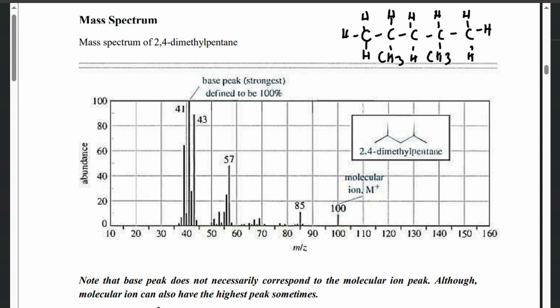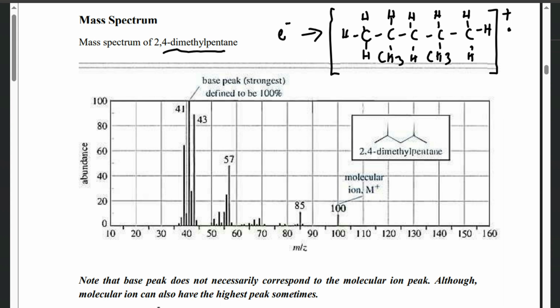Looking at this structure, when we ionize it, the first thing we have on ionization is the production of the molecular ion peak. The molecular ion peak has the same mass as this parent compound, right?